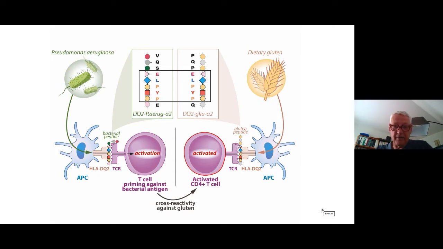And this is exactly the part that the T cell sees. So when you have gluten-specific T cells, these cells are not specific for gluten only. They can also recognize other proteins, for example, from bacteria like Pseudomonas aeruginosa.